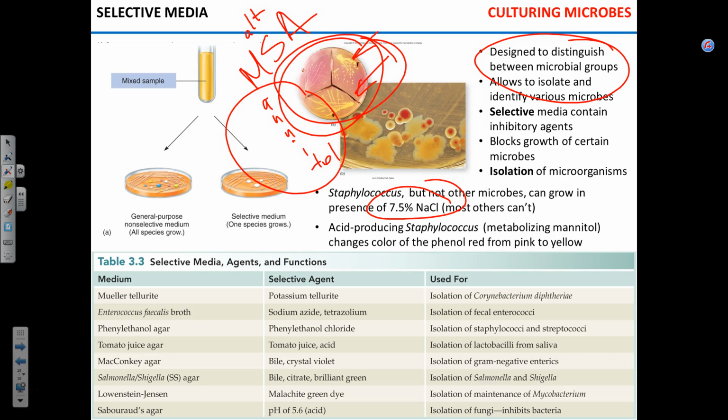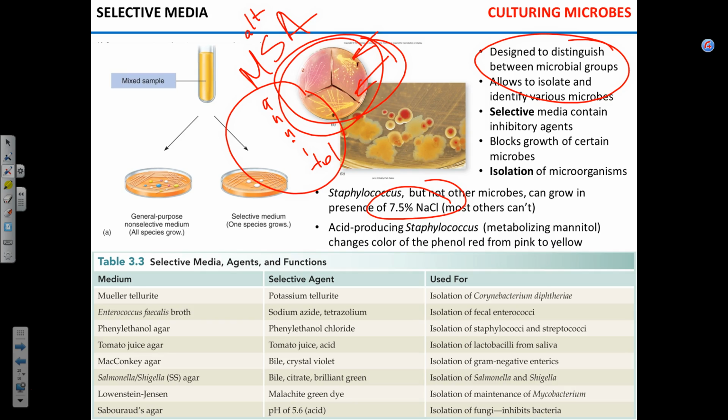Now, let's say you have 3 species. You have Streptococcus pyogenes, Staph epidermidis from your skin, and Staph aureus from your nose. You put them all on the MSA. Is strep going to grow, based on what I told you? Strep, not staph, strep. Can it grow in high salt? No, it cannot. So we eliminate, right? There's no growth where the strep is. Staph, both species, are they going to grow?